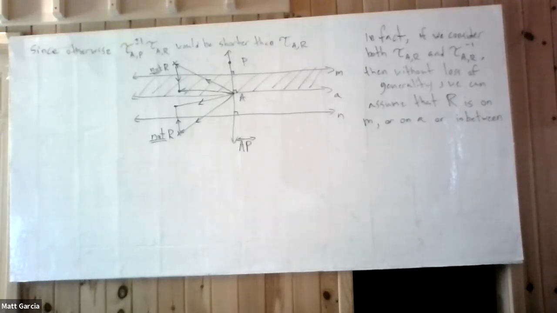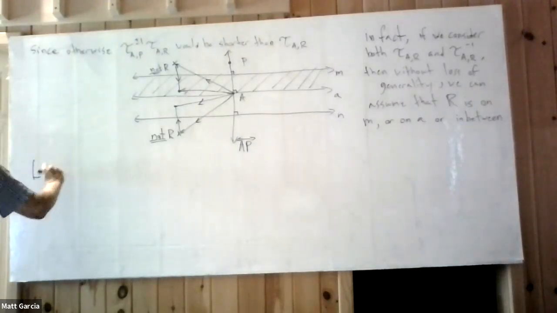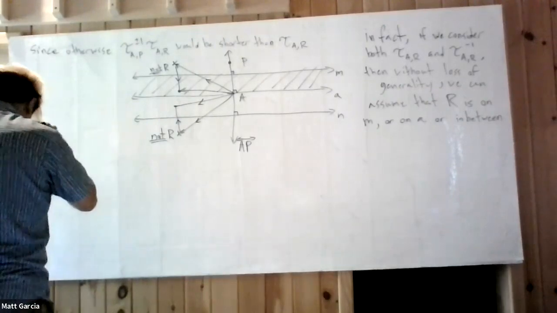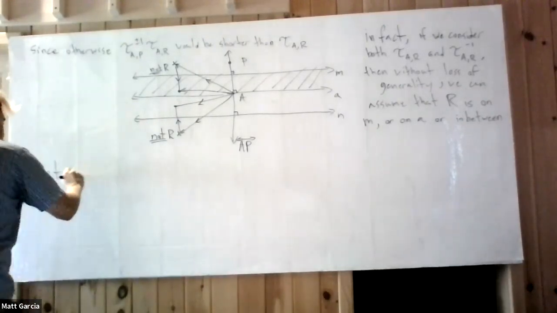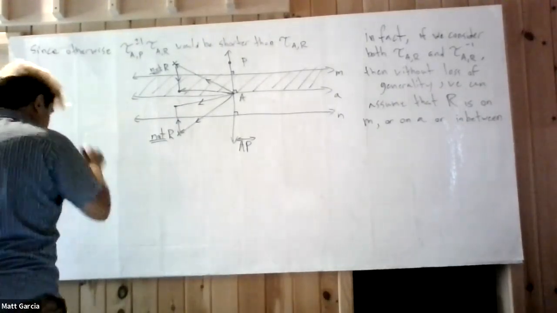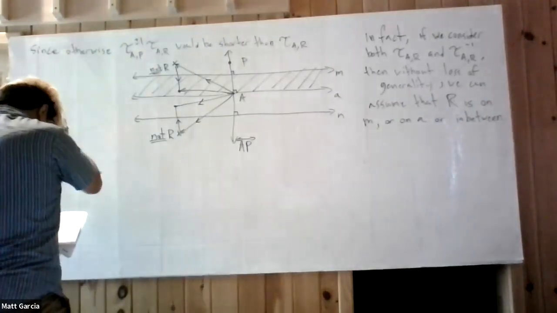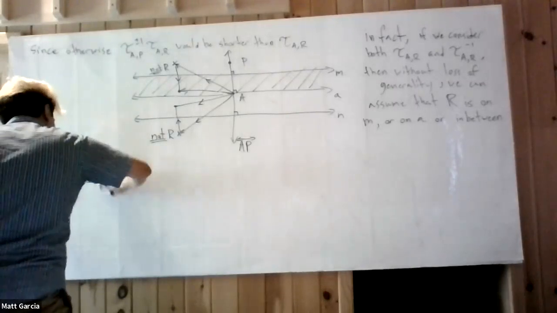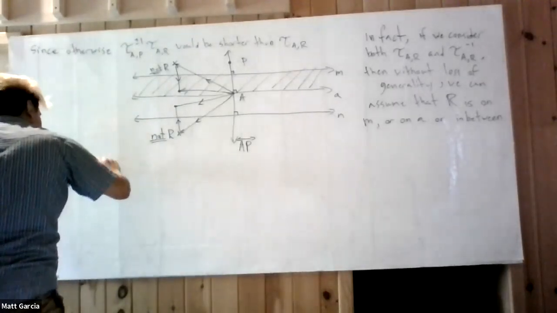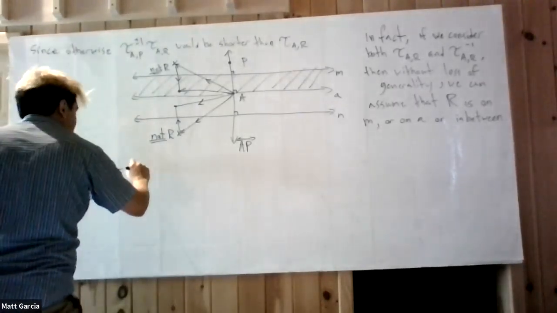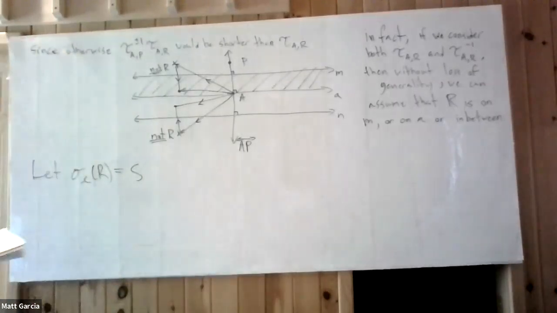So now let S, the reflection in L evaluated at R, be equal to... I'm sorry, let reflection in L evaluated at R, we'll just call S. Okay.